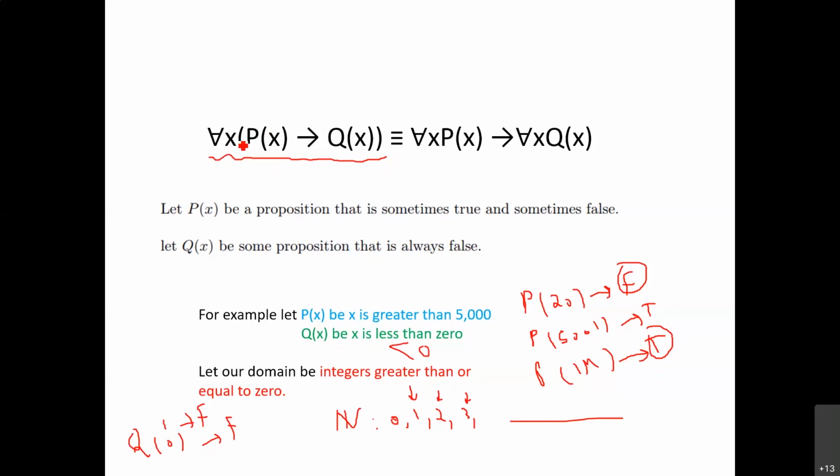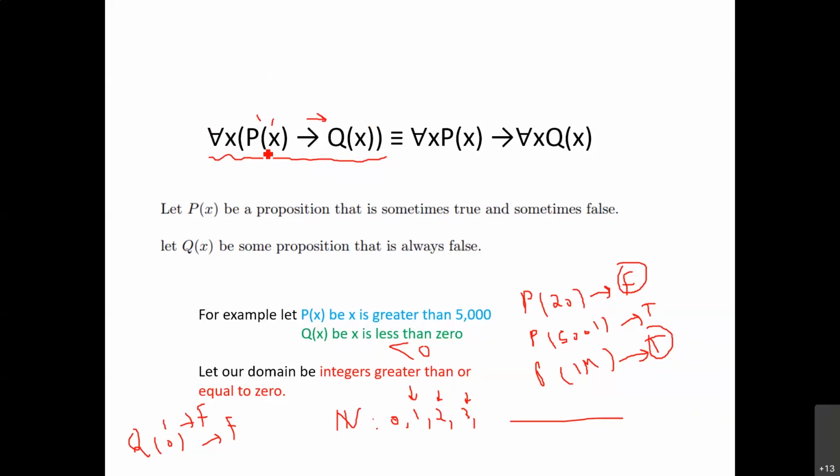For every x, if p of x, then q of x. This is saying if p of x is greater than 5,000, so if x is greater than 5,000, then x is less than 0, which is obviously false, right?